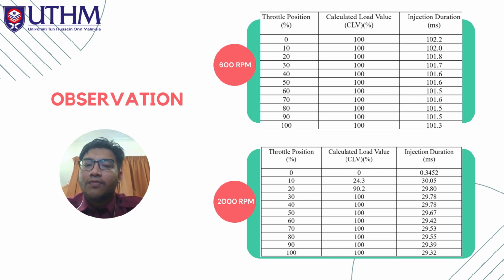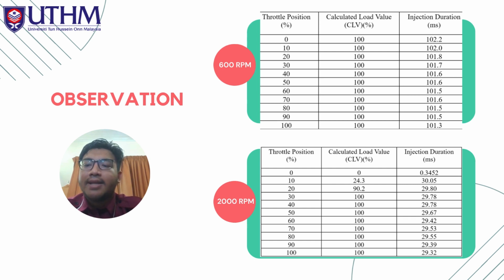The calculated load value remains constant at 100% from 0 to 100% of the throttle position after the machine hits 600 rpm. Next, the injection duration decreased from 102.2 milliseconds to 101.7 milliseconds at 0 to 30% of the total position.